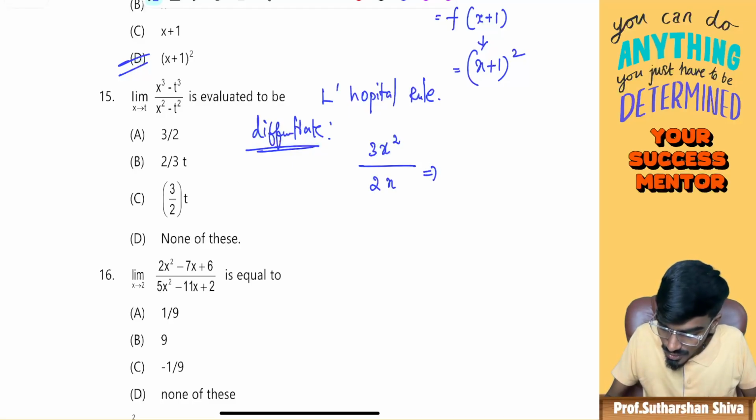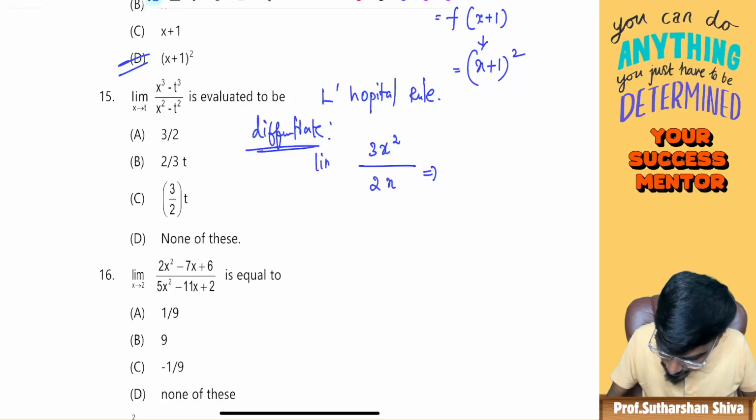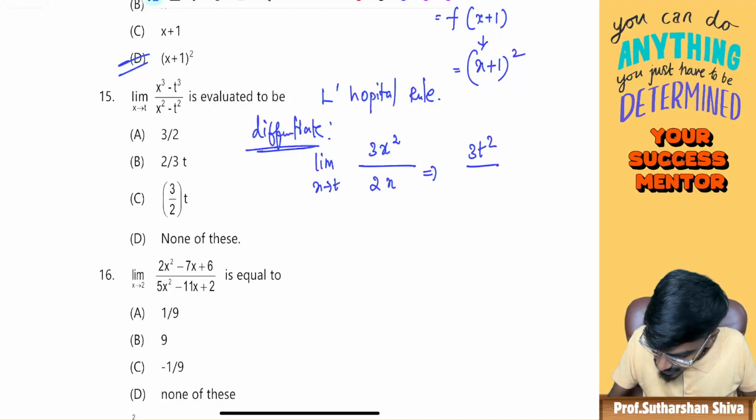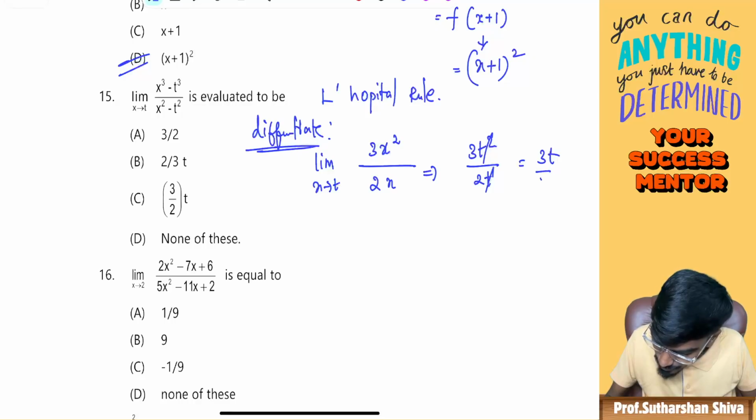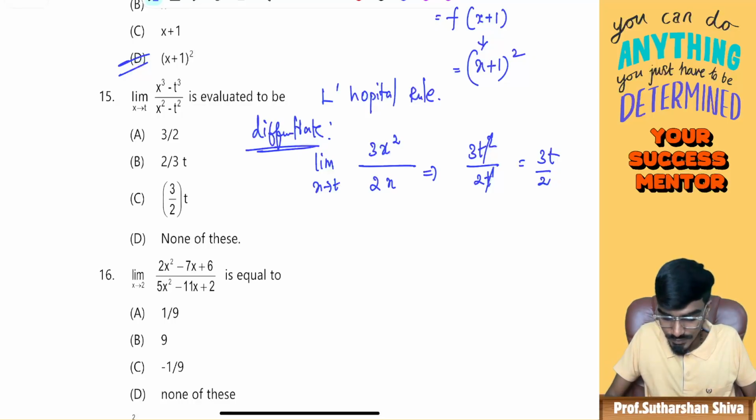Now substitute the value of t over here. It will become 3t square divided by 2t. The t gets cancelled, giving 3t divided by 2. 3 by 2 t, option C.